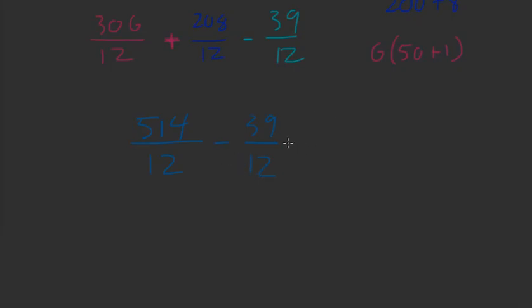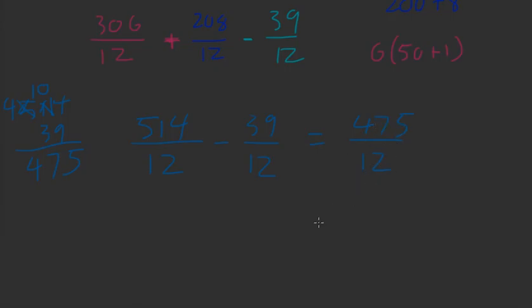And then when we do that, we're going to minus 39 from that, and that is going to equal 475 over 12. Now I've done this before. I did all this math before I wrote it out, so it does equal that. I can prove it to you right here. 39, cancel that out, that equals 0, put 1 there. Now we get 5, got a 4 here, 7, and then 475.